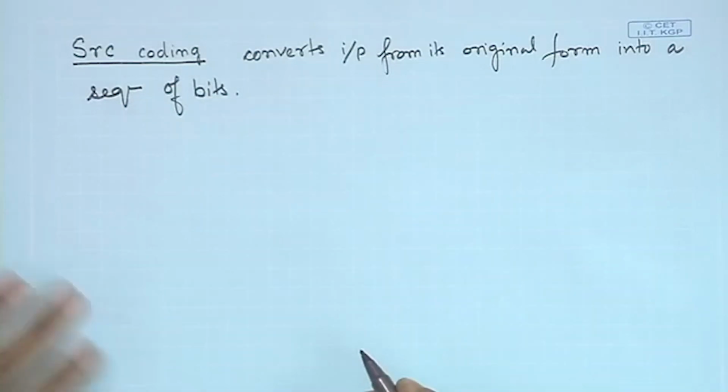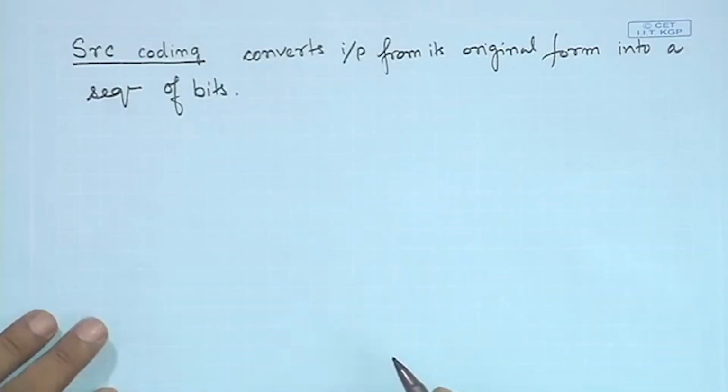This is the primary job of a source coding. Now, it converts to a sequence of bits and does not stop there, it also does something more. So, let us look at that.